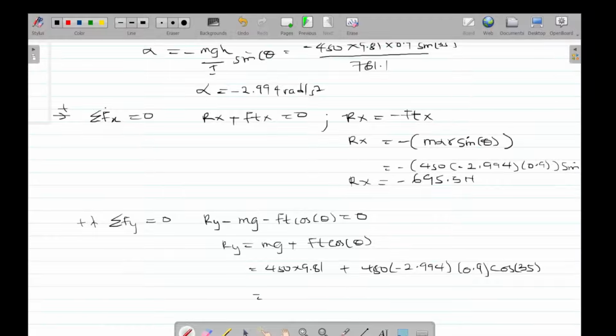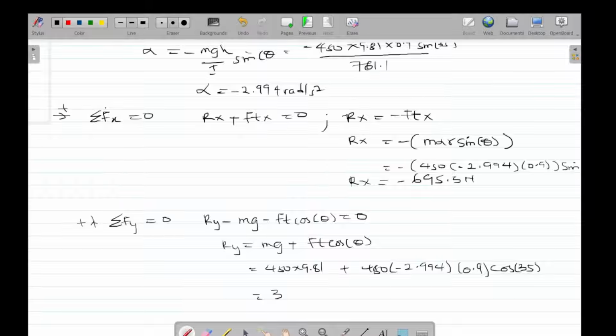So this yields 450 times 9.81 minus 450 times 2.994 times 0.9 cos 35.